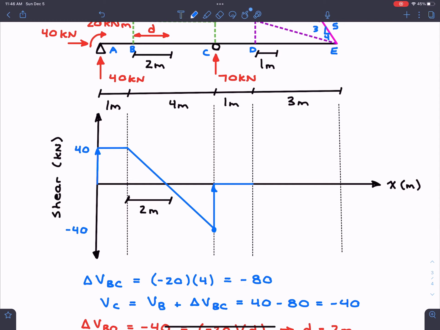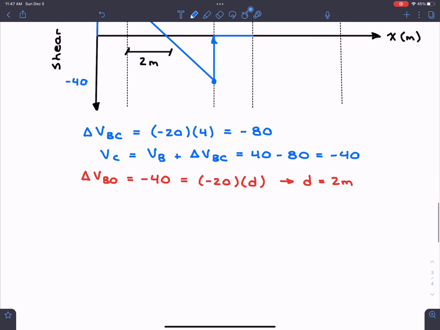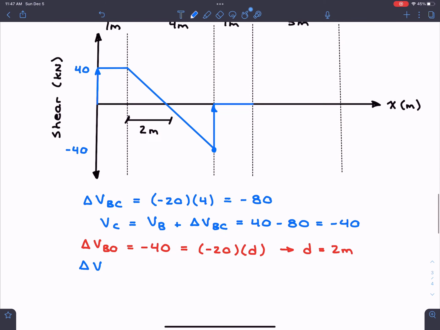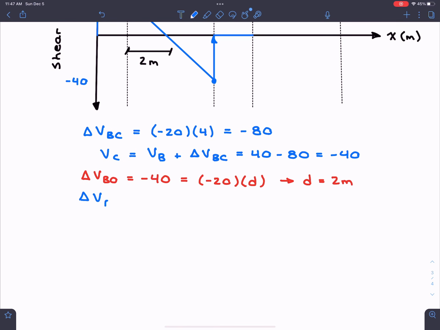Now to finish us off, we have a triangular distributed load. And it's actually not going to be too bad because the change in shear between these 2 points, which is D and E, is going to be the area of that distributed load, which is a triangle.